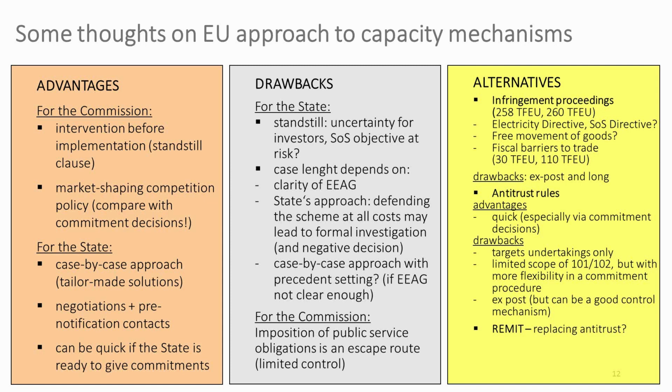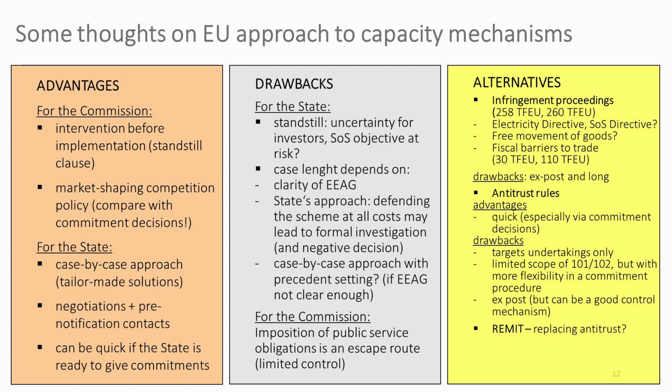The procedure is based on negotiations and also allows for informal contacts between the Commission and the state even ahead of the formal notification. In that sense, the Commission can play an active role in shaping the proposal for the mechanism. One can even draw a comparison to the Article 9 commitment procedure under antitrust rules, where the Commission sometimes seems to act more like a market regulator, not a competition authority.